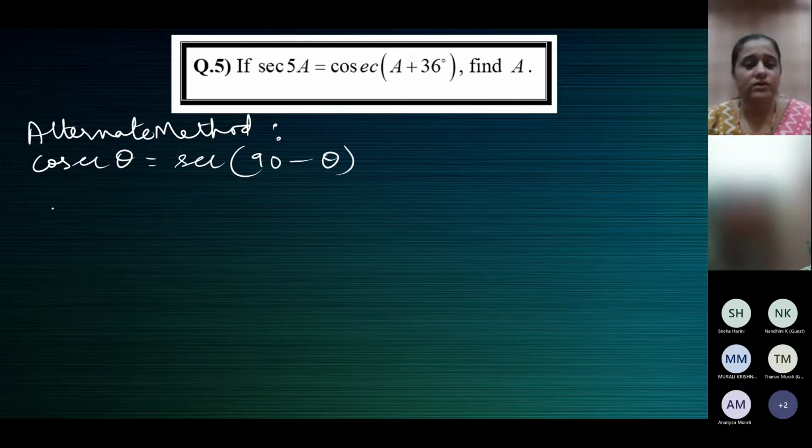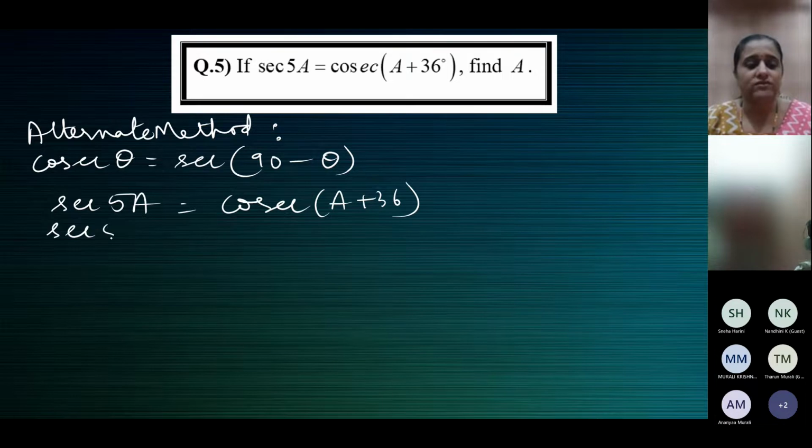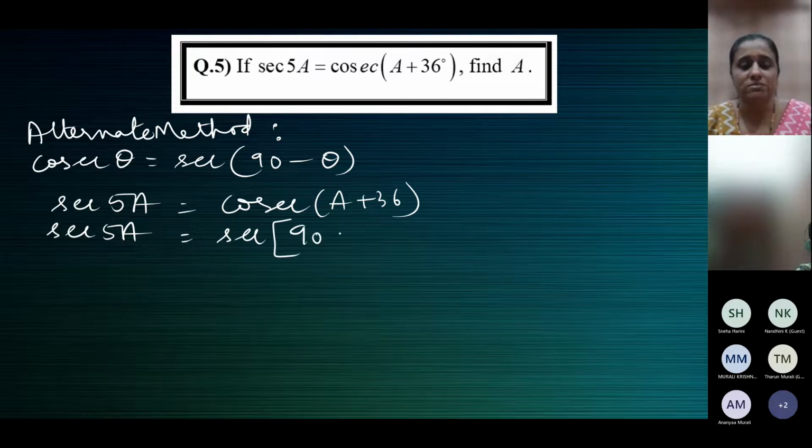We are given that secant 5A is equal to cosecant of A plus 36. We write secant 5A as it is, and we change cosecant theta to secant 90 minus theta, where theta is A plus 36.